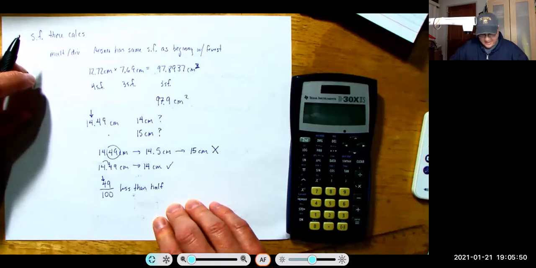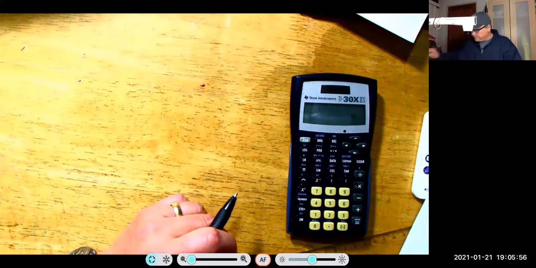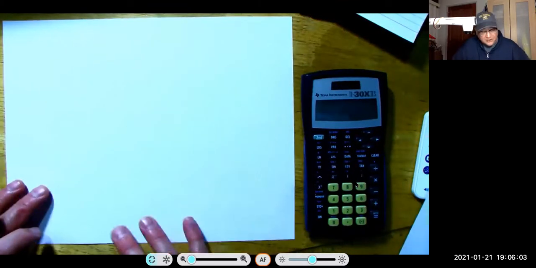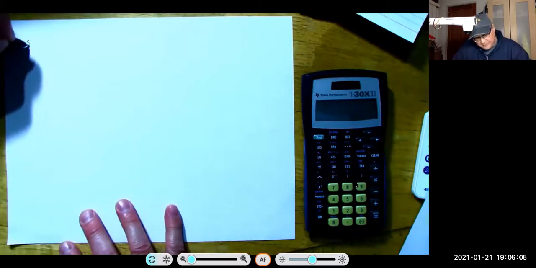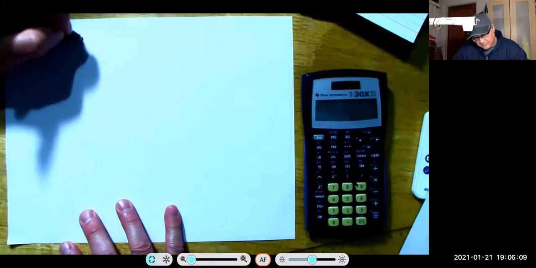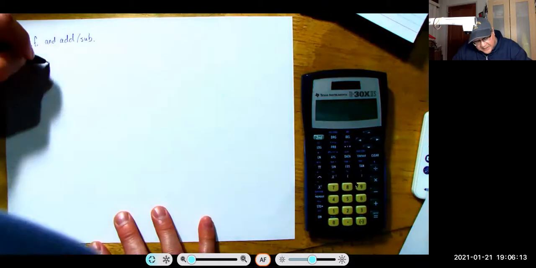Okay, excellent. Now, even though we're going to extend a little bit of time, I am going to show you how to carry significant figures with addition and subtraction. So here's the deal. You have to understand the idea of precision.